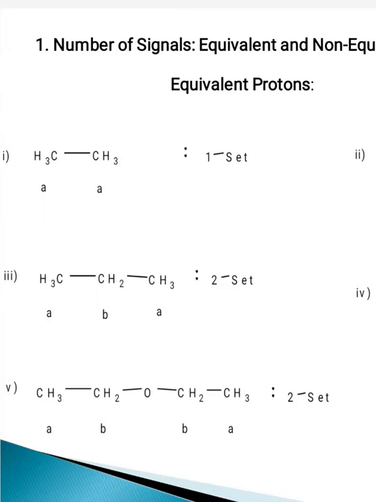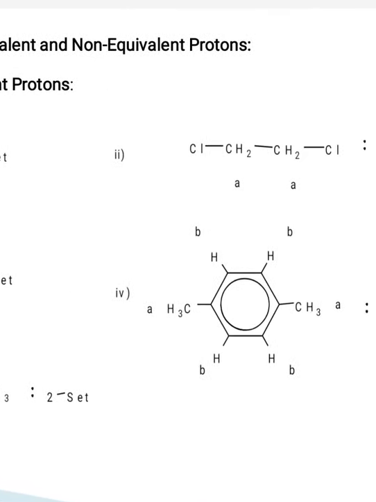One singlet. In the second compound, 1,2-dichloroethane, both the CH2 groups have a similar chemical environment and hence this compound contains one set of protons, and gives only one singlet on the NMR scale with an intensity of 4 protons.